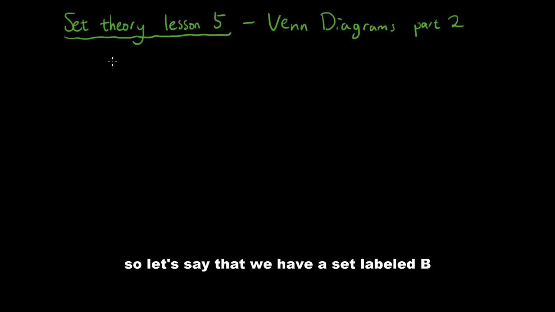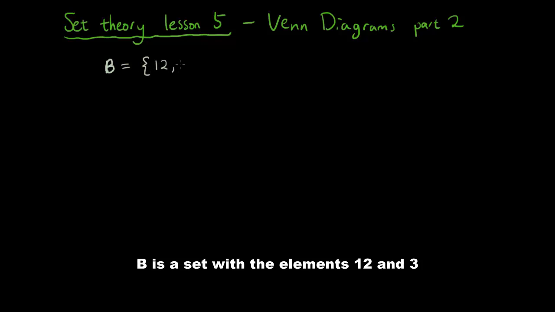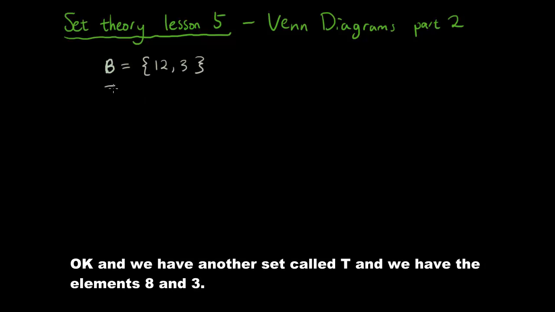So let's say that we have a set labeled B. B is a set with the elements 1, 2 and 3. Okay, and we have another set called T, and we have the elements 8 and 3.